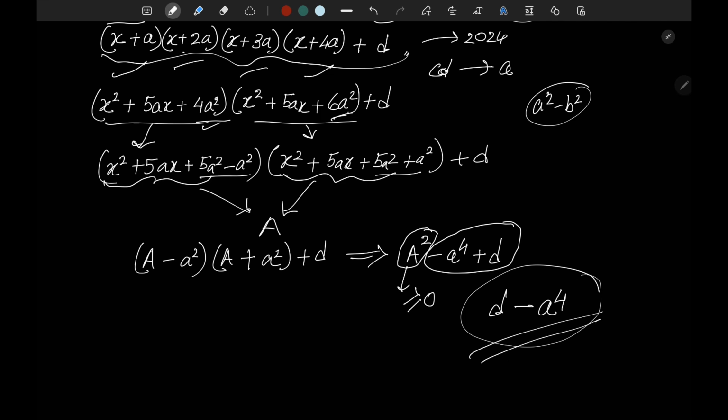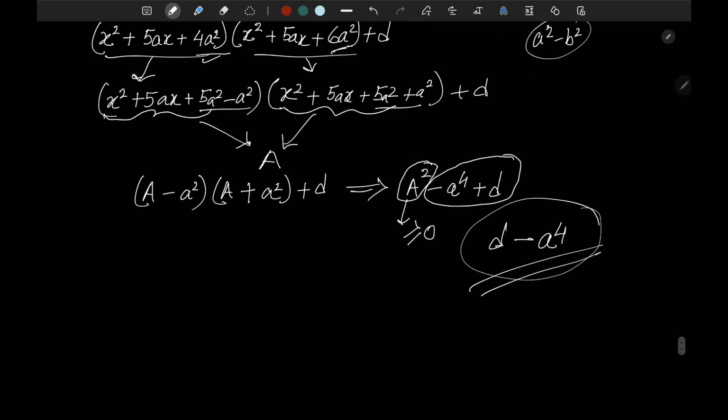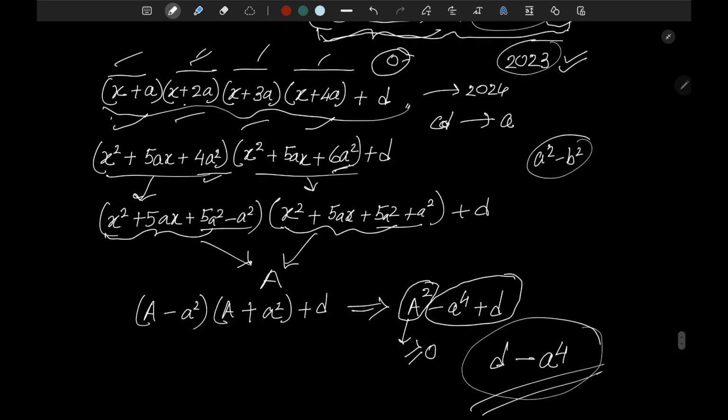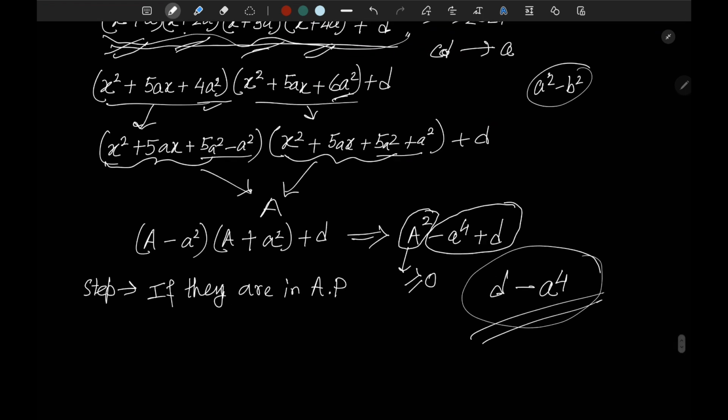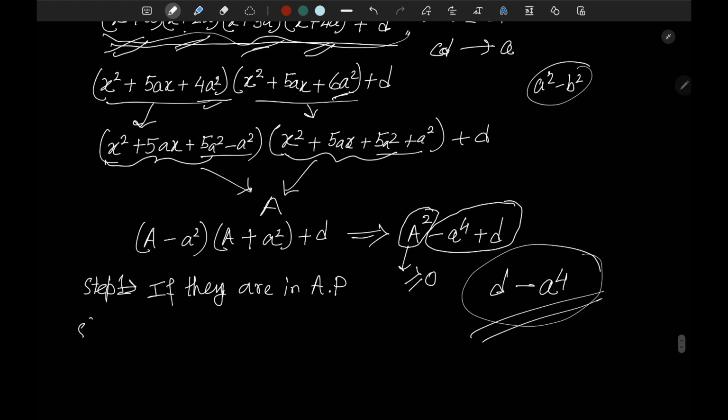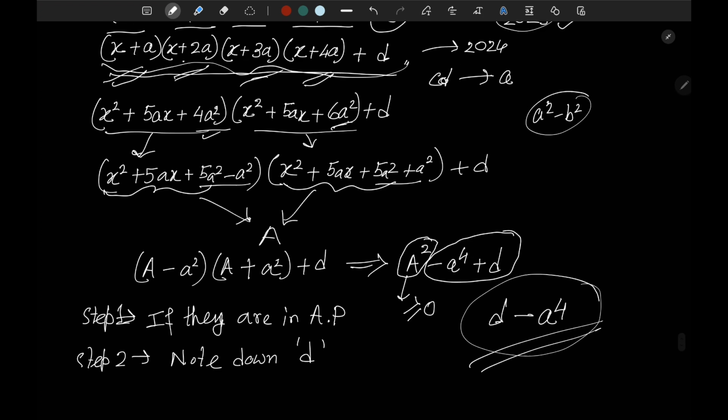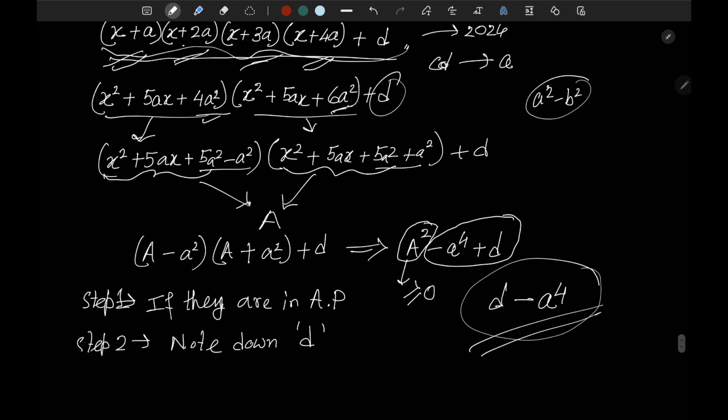This is your shortcut. Whenever you have a problem like this one, you will note down step 1: if these 4 terms are in AP. The second thing you will note down is the constant term, this d.